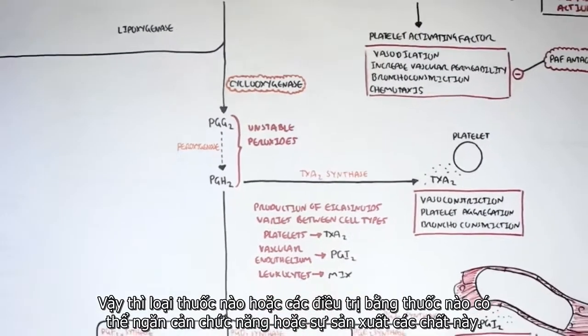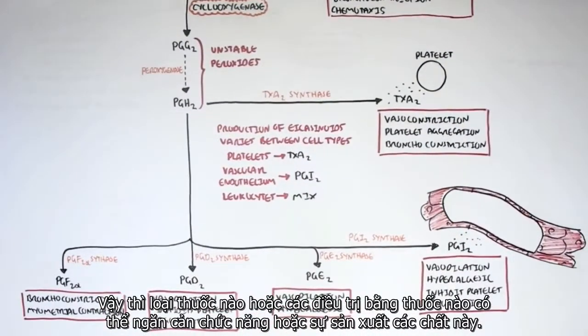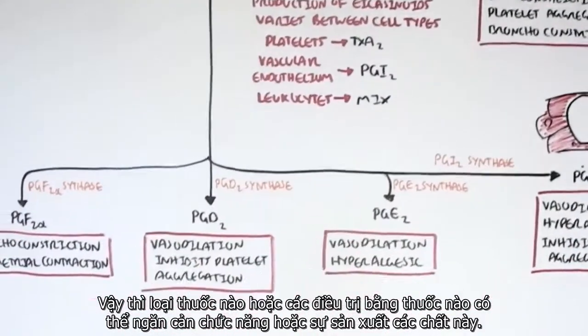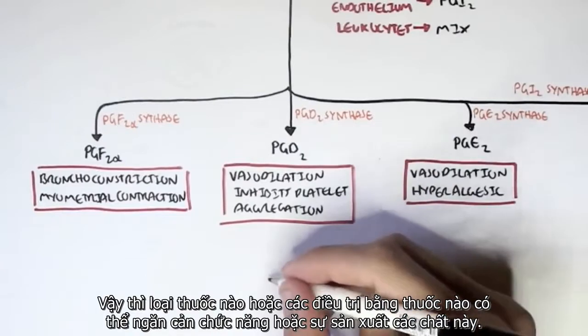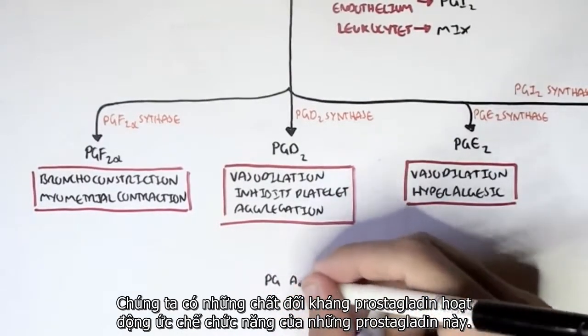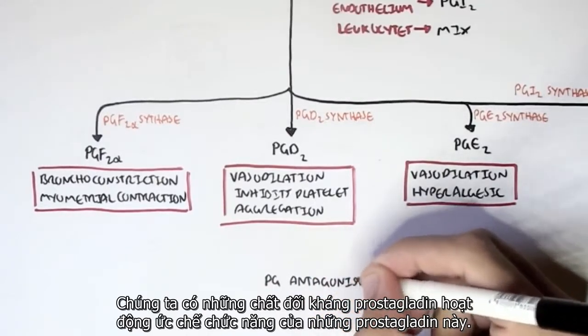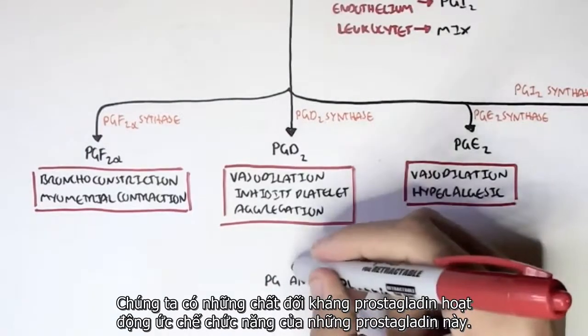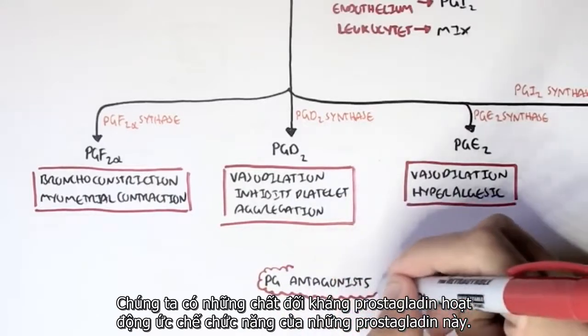So what drugs or what pharmaceutical treatments are available that can prevent the function or the production of these? Well, we have prostaglandin antagonists, which work by inhibiting the function of these prostaglandins.